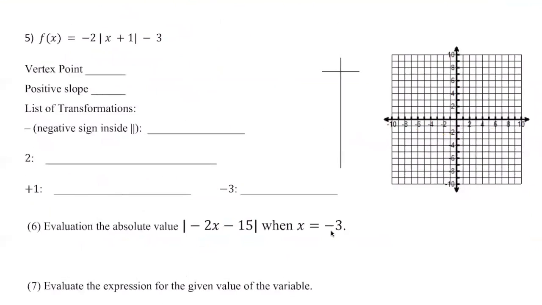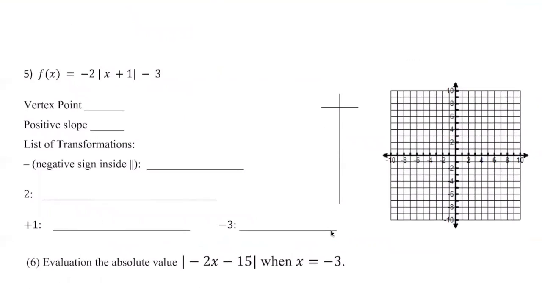Now let's quickly go to question number 5, which is a very similar question to number 4. Over here, f of x is equal to -2 absolute value x plus 1 minus 3. So again, we have the -2. So A is -2.